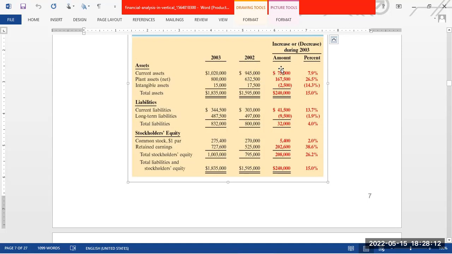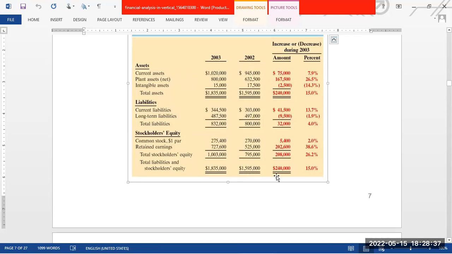The difference here is 75,000. This 75,000 is supposed to be divided by the base year's amount. All these figures, which are an increase or decrease during 2003, you divide them by the base year's amount.